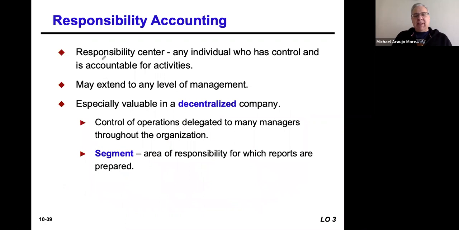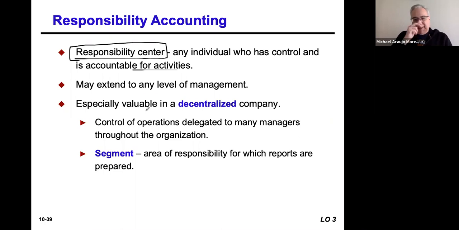One of the interesting things is, in order to actually have a responsibility report, you need to have a responsibility center, right? Who is in control of various activities, whether it's in a department or a division, and so forth. So we're going to be looking at this next. Again, any level of management can be organized this way.